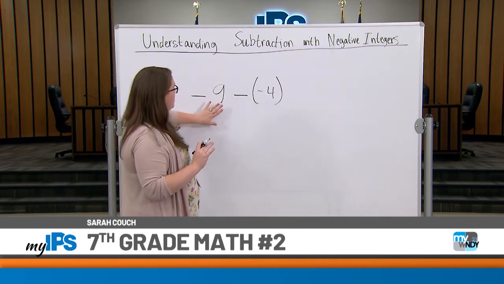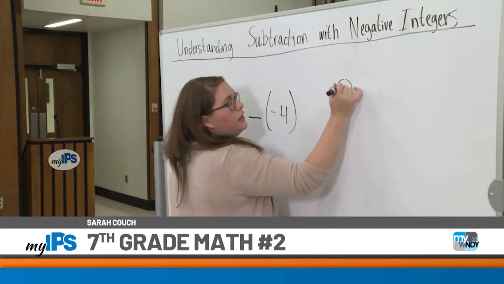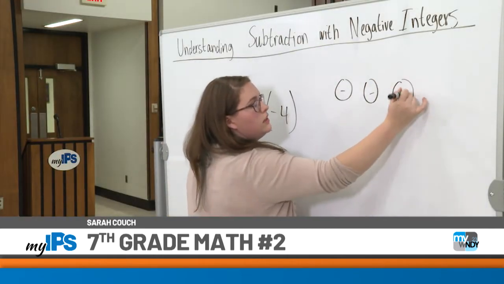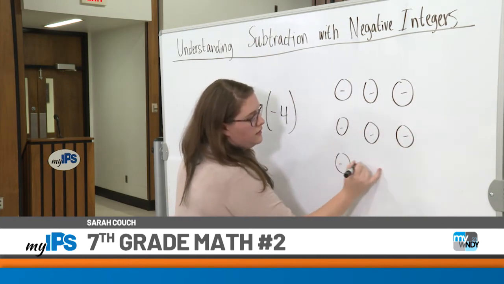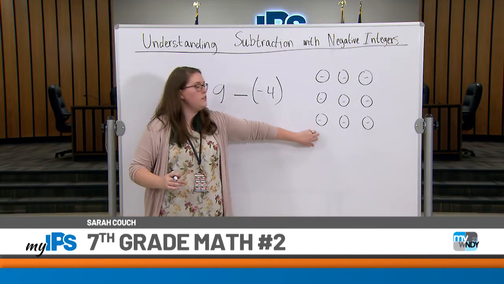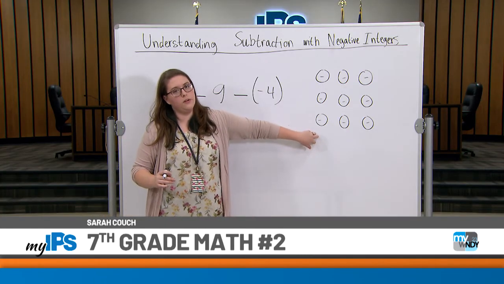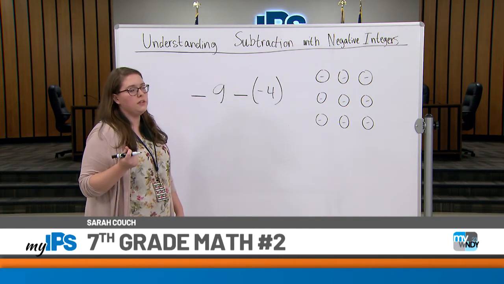All right, so first, left to right, just like a sentence, -9. So I have 1, 2, 3, 4, 5, 6, 7, 8, 9, okay? This represents those 9 little grapes that were taken away from Rowan by Mary, all right? And then Rowan said, hey, give me those things back.